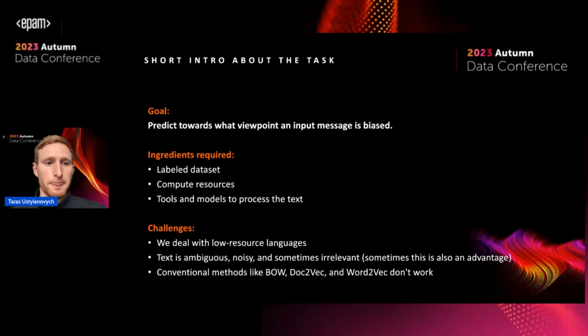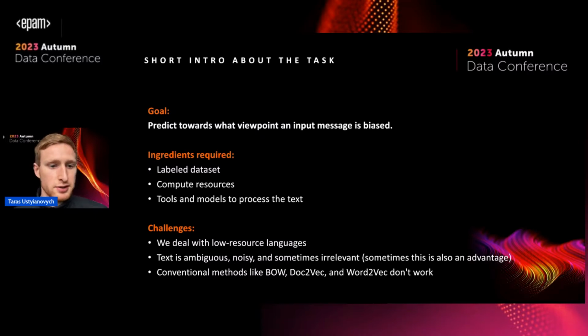And now, let me introduce to you how it was developed. The main goal is to classify towards which viewpoint a specific input message is biased. Is it viewpoint 1 or viewpoint 2, whatever? And the ingredients are pretty common: a data set, compute resources, and some tools, models, and libraries to process your text.